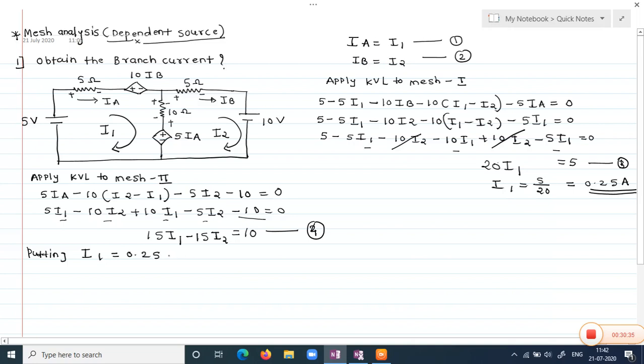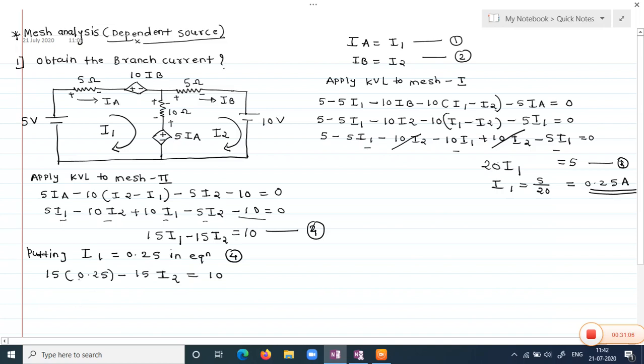Putting I1 is equal to 0.25 in equation number 4, that is 15 I1, you got it, that is 0.25, minus 15 I2 is equal to 10.